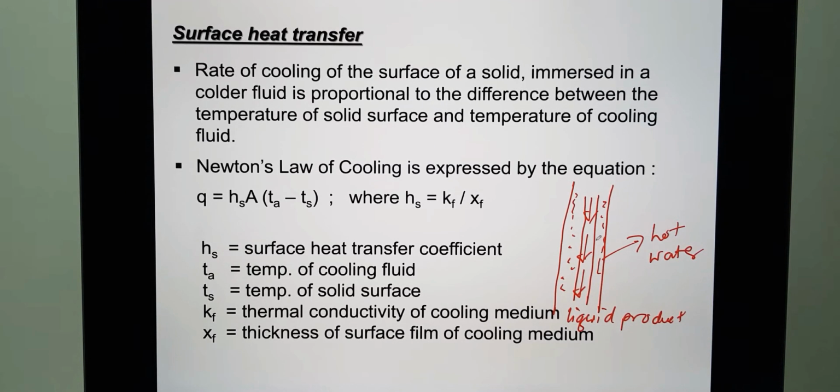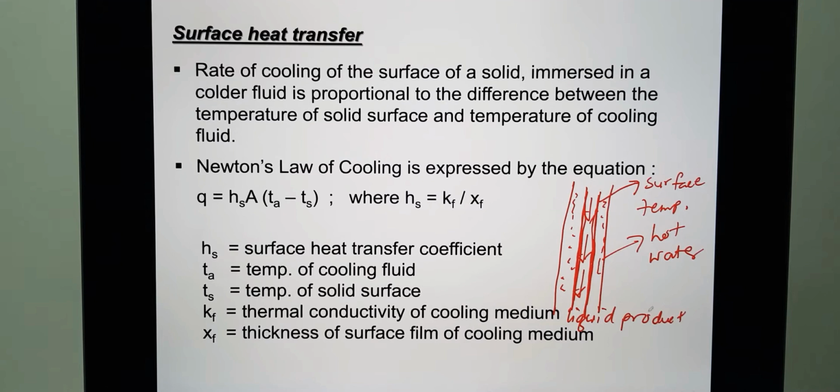This particular part, along this tubing, is the surface temperature, between the hot water and your cold product.